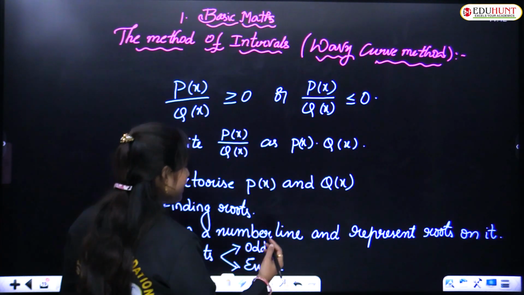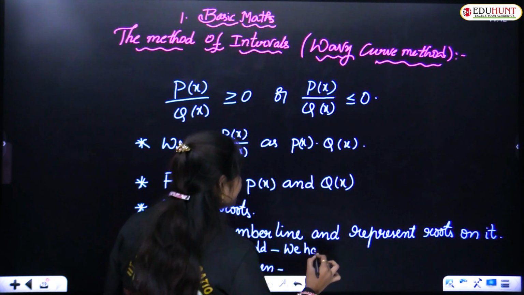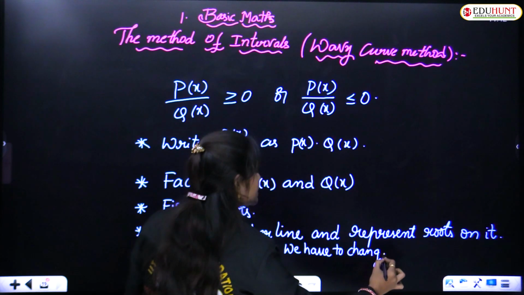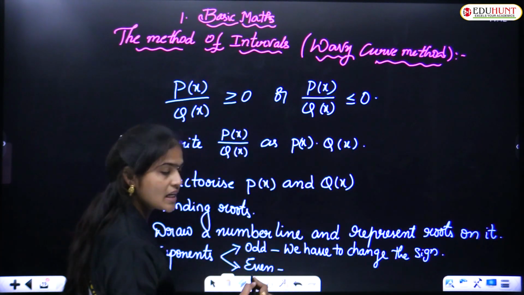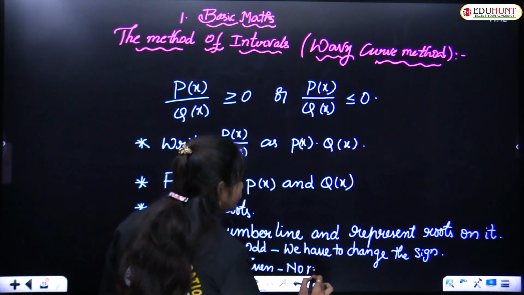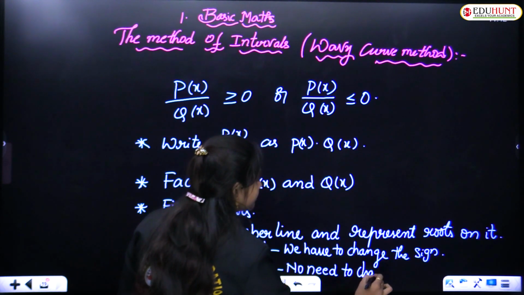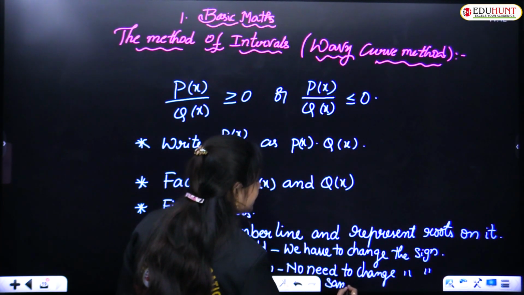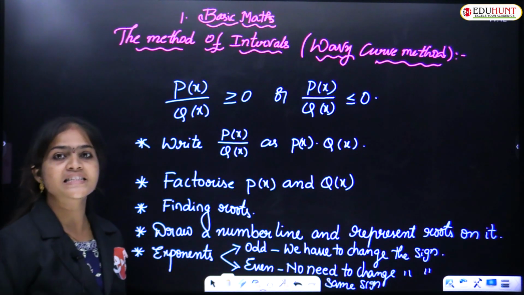So if the exponent is odd, then we have to change the sign. And if it is even, no need to change the sign. The same sign we have to repeat. Okay, we have to write the same sign.